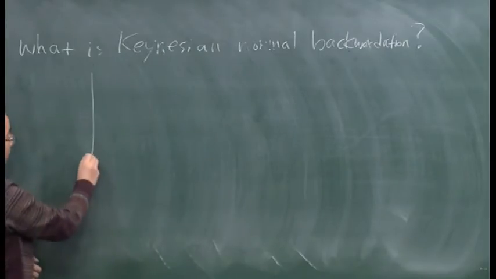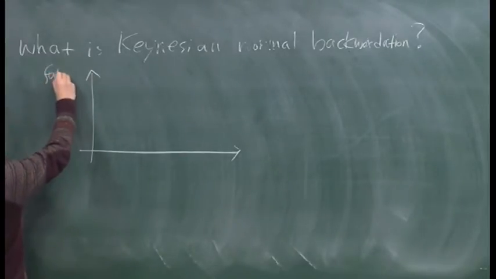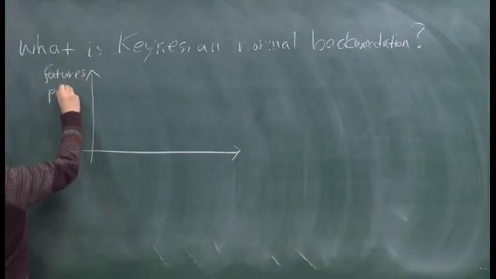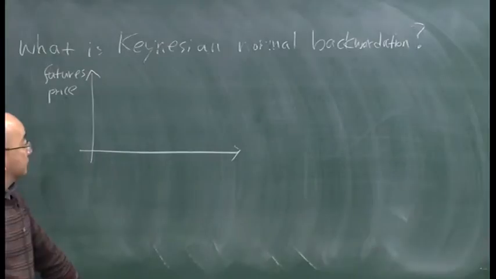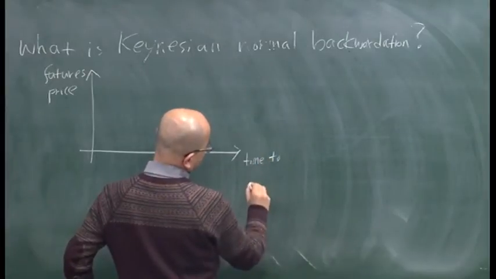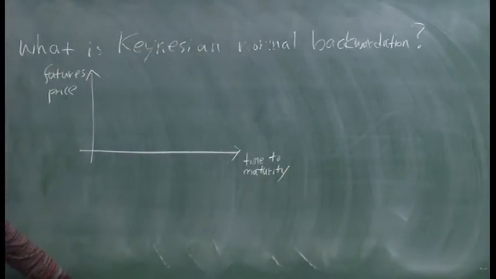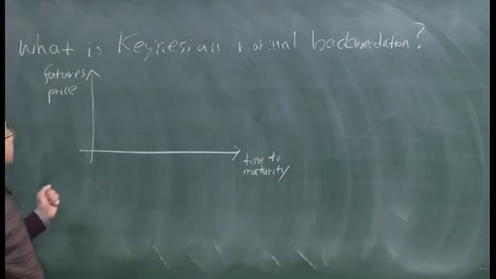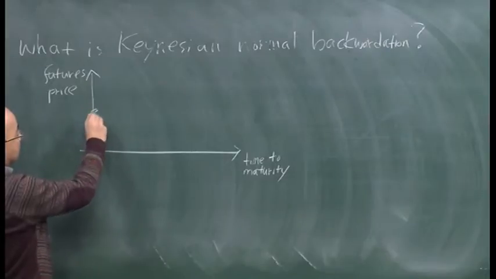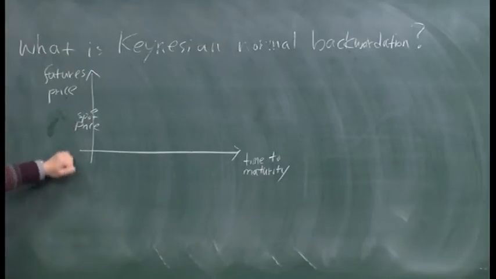So if you draw futures price on the vertical axis and the time to expiration, time to maturity of different futures contracts, the spot price will be somewhere here, because the spot contract has 0 time to maturity.